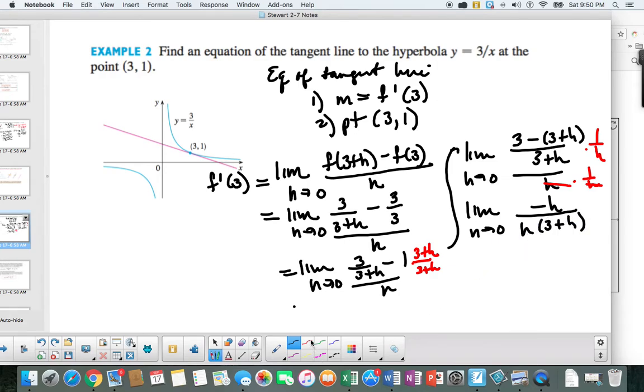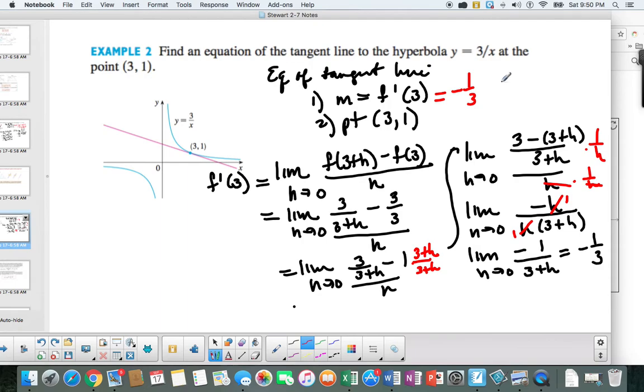Okay, I can do a little reducing, and now I get the limit as h approaches 0 of negative 1 all over 3 plus h. I'm going to let h go to 0, and so this answer will be negative 1/3. Okay, so now I know that the slope is negative 1/3.